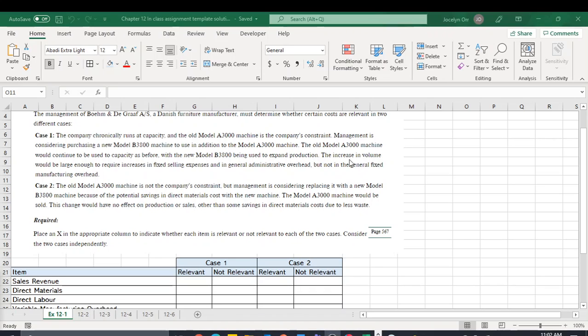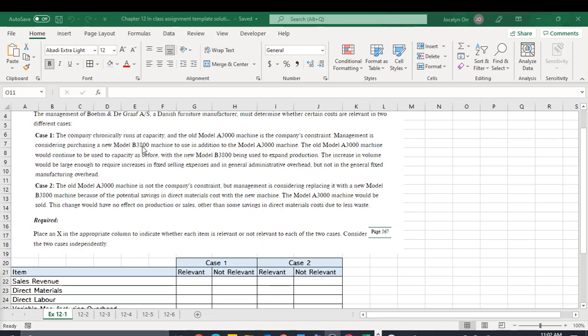And the question tells us the increase in volume would be large enough to require increases in fixed selling expenses and in general administrative overhead, but not in the general fixed manufacturing overhead. And the reason that I bring this up is because all of this tells me that we will have an increase in sales.